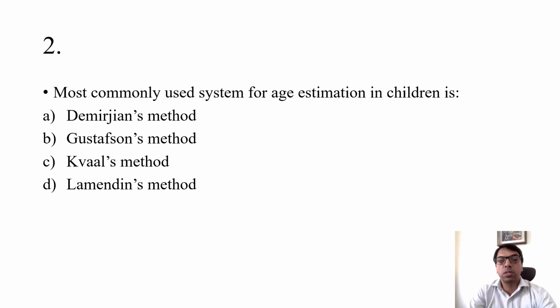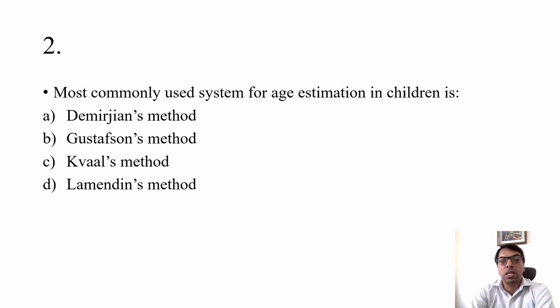The most commonly used system for age estimation in children is. The question is asking about age estimation in children, right? Not in adults. And the options are Demirjian's method, Gustafson method, Kvaal method, and Lamendin's method.